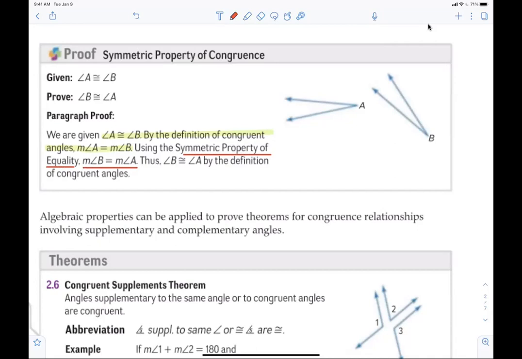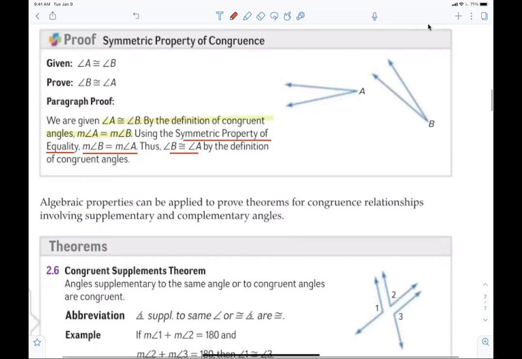Then, once you have flipped it, you now convert it from equal back to what? Congruent, by the definition of congruence. So anybody else agree that's kind of silly? All right, hopefully you agree with me on that. That's not a big part of geometry.